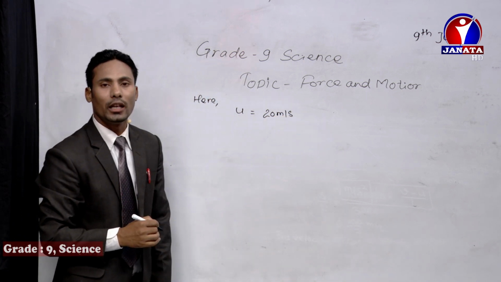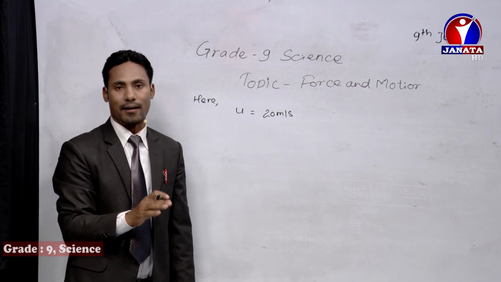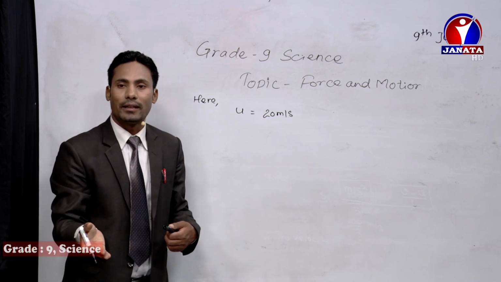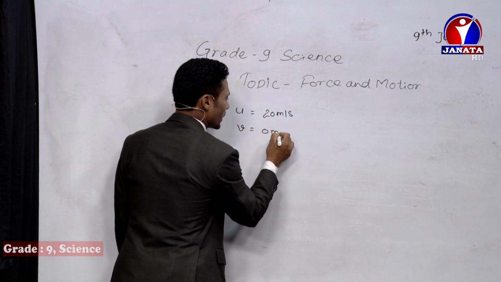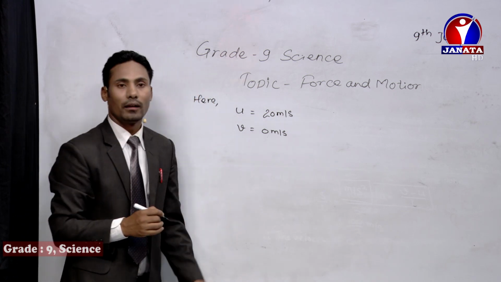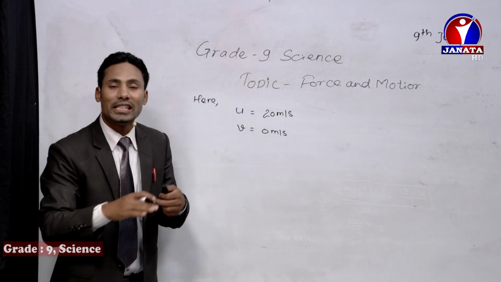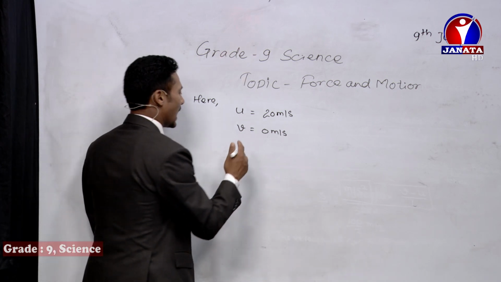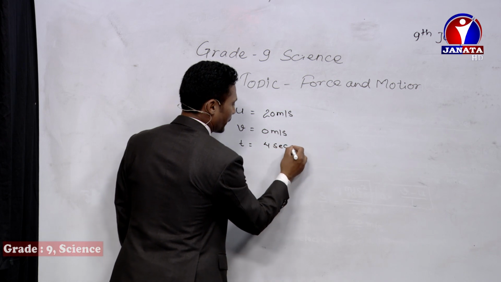If we apply the brake on the car, it finally comes to rest, that means v equals 0 meter per second. Retardation means a decrease in velocity. Let's say the time taken is 4 seconds.